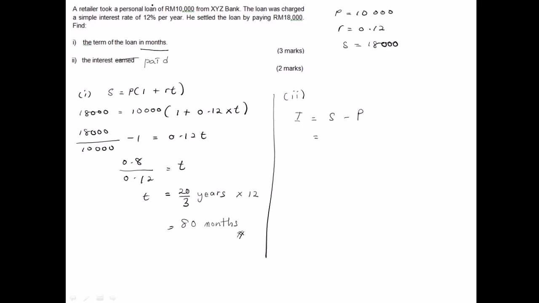Okay, for a loan we do not earn interest. Okay, we pay interest. Otherwise, the interest is earned by the bank. Okay, I equal S minus P, 18,000 minus 10,000, RM 8,000.